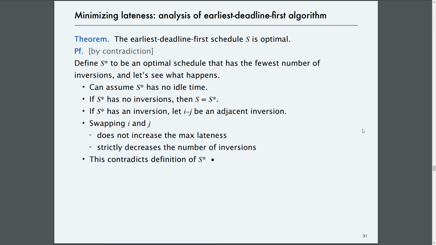So these are two adjacent values, but their deadlines are not in order, not in ascending order. So if we just swap i and j, we do not increase the max lateness, and we decrease the number of inversions. So this contradicts the definition of S star. It is not the one with the fewest inversions.